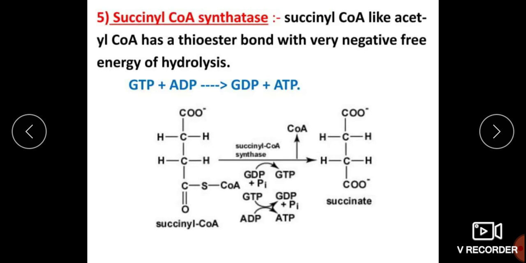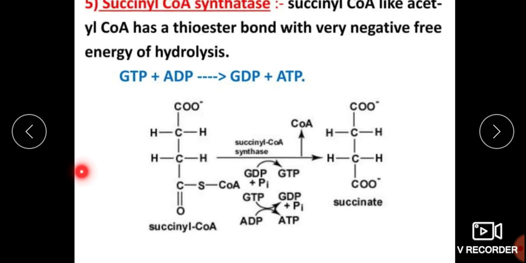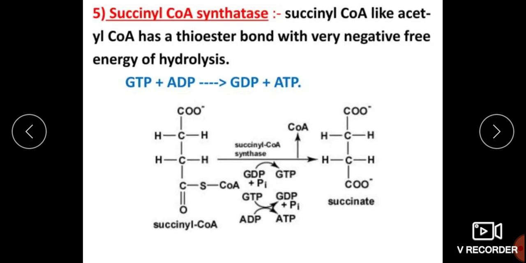Next, the role of succinyl coenzyme A synthetase. The succinyl coenzyme A, like acyl coenzyme A, has a thioester bond. This thioester bond has a very negative free energy of hydrolysis.